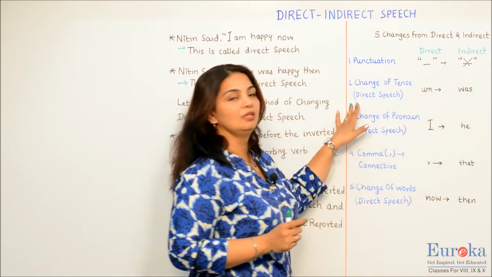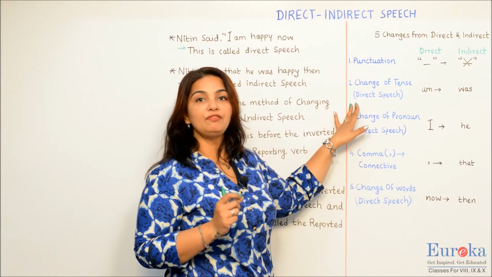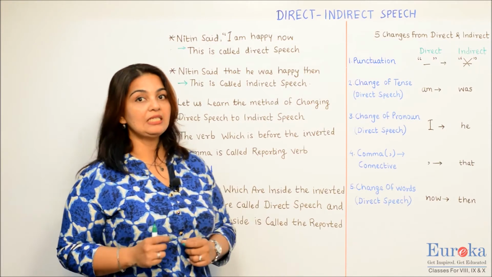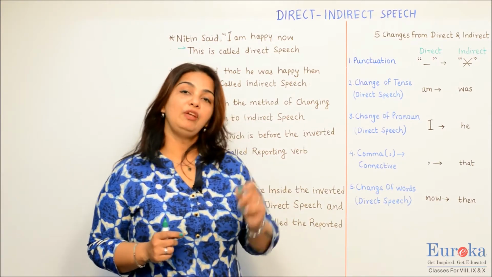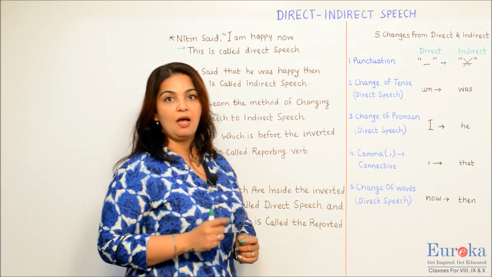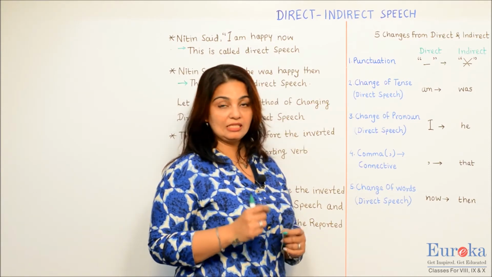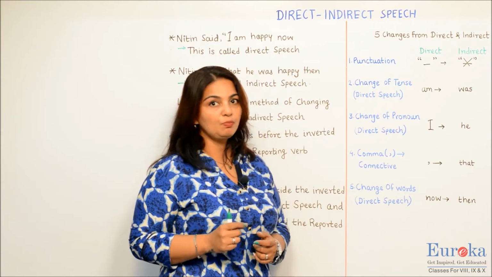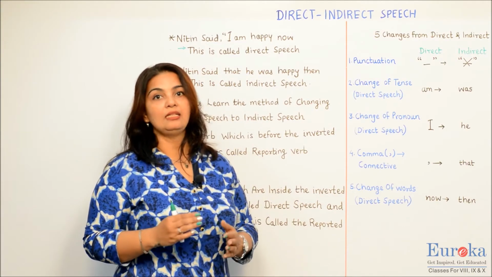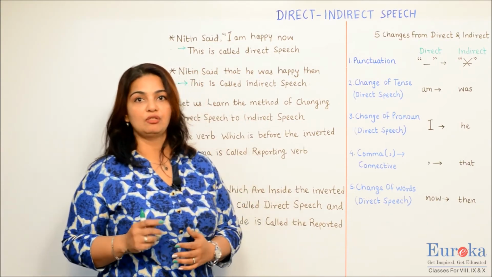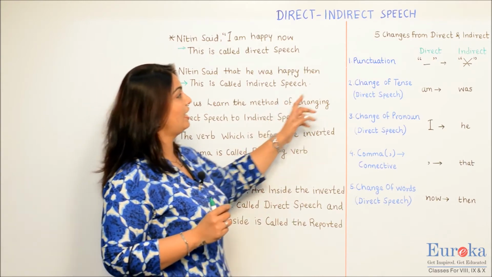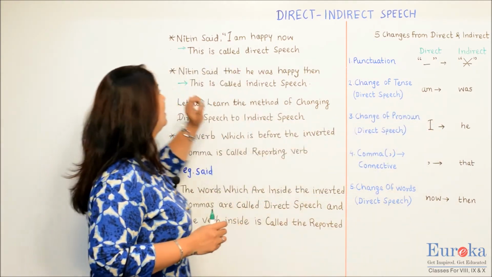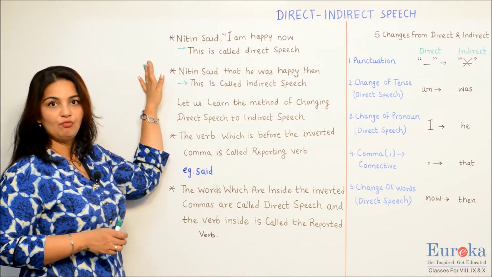The second rule, that is change of tenses. When we speak or when we say a sentence in a direct speech, we follow a particular tense. But when the same speech or the statement is converted into an indirect or reported speech, the entire tense of that statement changes. So let's see how we change the tense from a direct to indirect. Let's look at the example again over here.